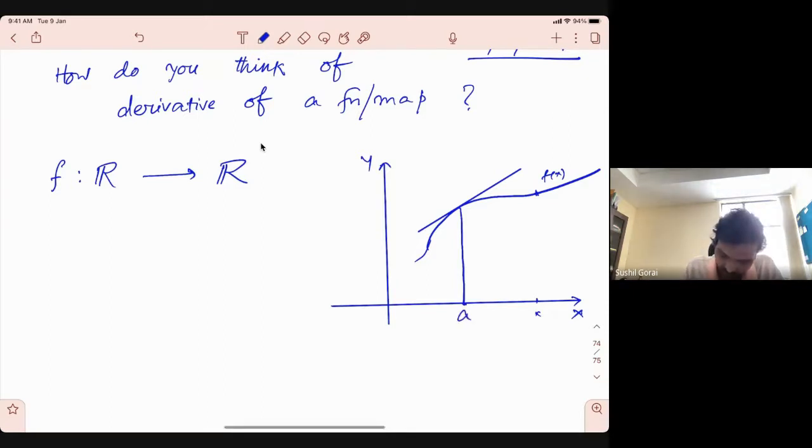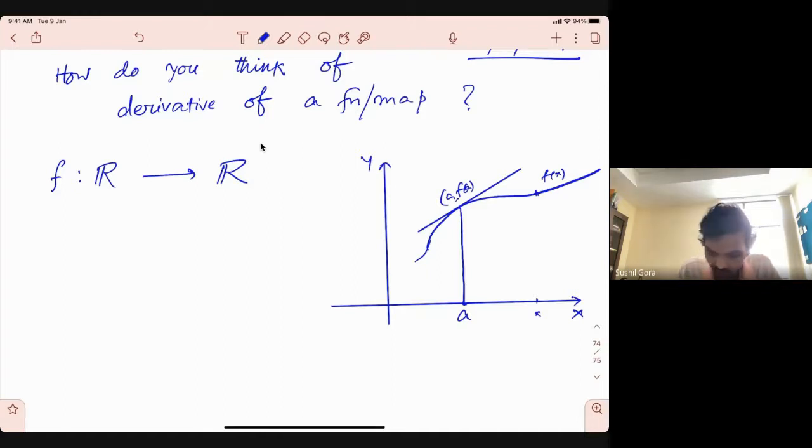Let's say a, so a comma f(a), and this is the line passing through a comma f(a), touching this curve.